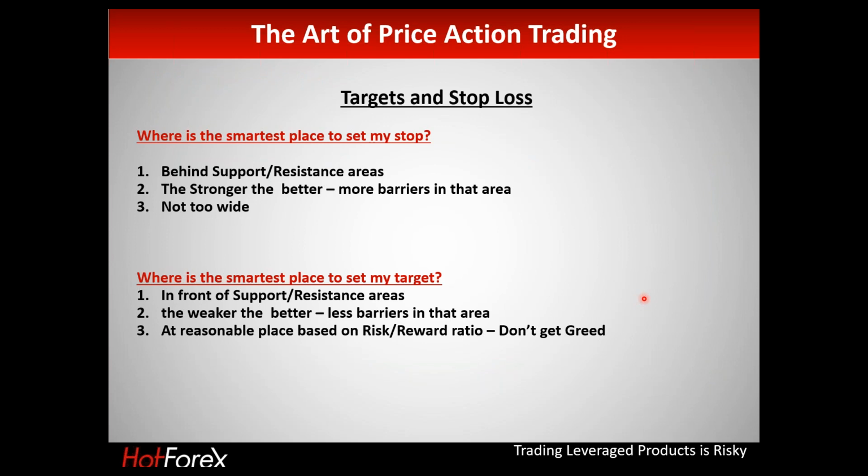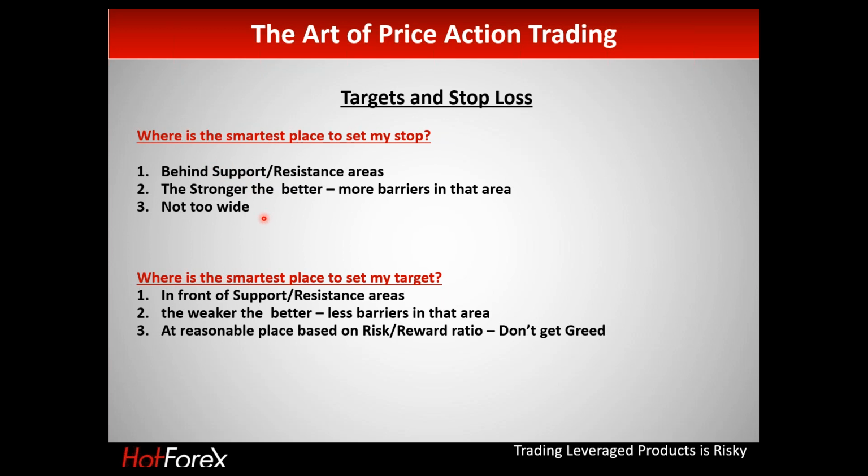The only thing that we highlight is that you need to have in mind when you're taking a price action trade that your targets should be set based on the distance between the support and resistance level. Your stop loss should be behind your support and resistance level.